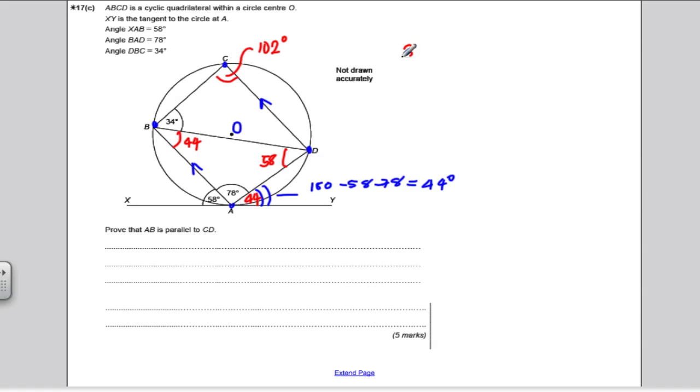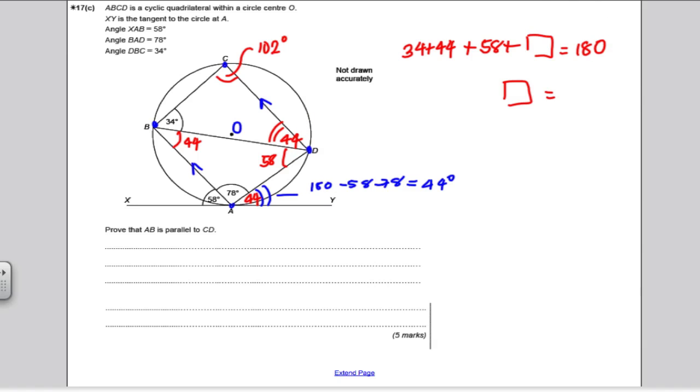Well, this angle is 34 plus 44. And if we add that to the 58, plus whatever this unknown angle is here, we must get 180. So that unknown angle, rearranging this, is 180, subtract 58, subtract 44, subtract 34, which is 44 degrees.